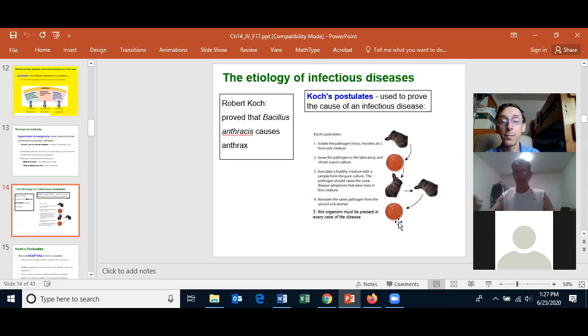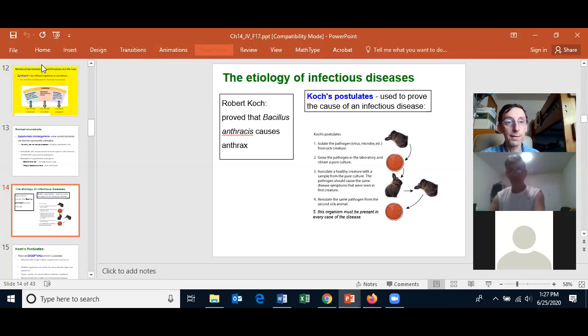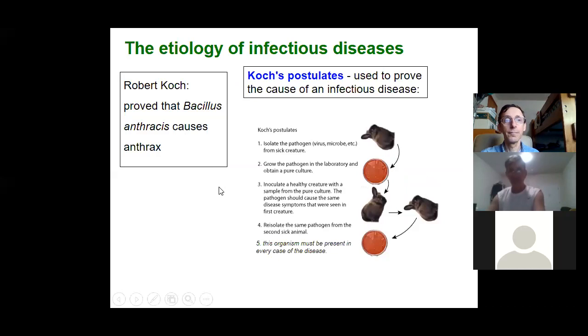Dr. Koch postulated how to show that a given organism causes a given disease. Let's pull that up. And he published this, and they're called Koch's postulates. What we use to prove that a given organism causes a given disease.